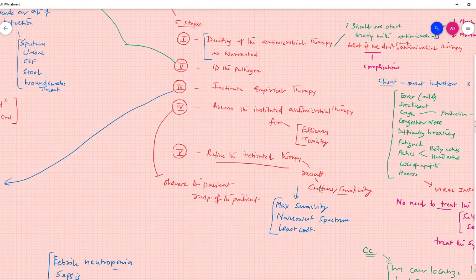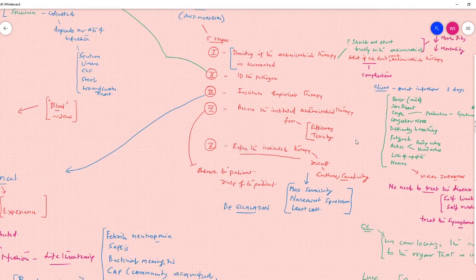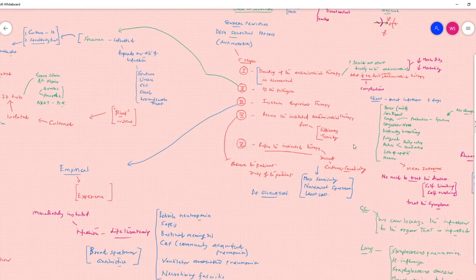When we change the empirical therapy with a drug with maximum sensitivity, narrowest spectrum, and least cost, we call this de-escalation of the instituted therapy. So these are the 5 stages which should ideally be followed in the drug selection process.